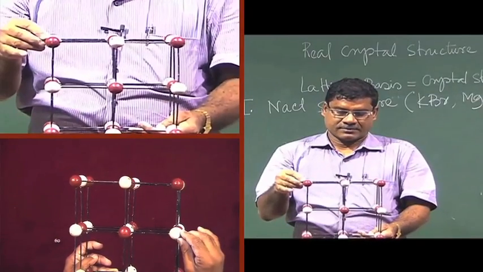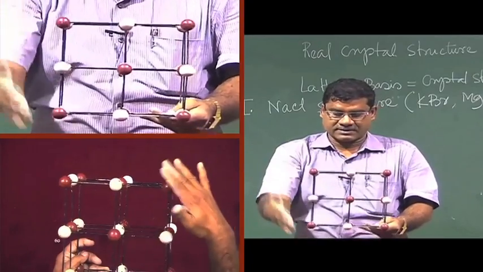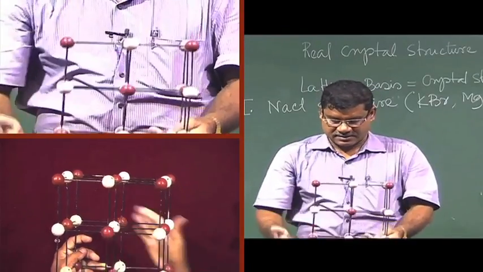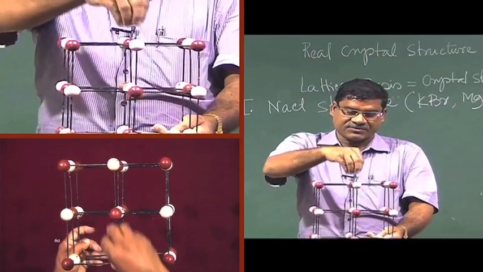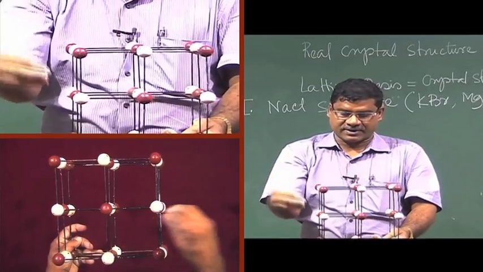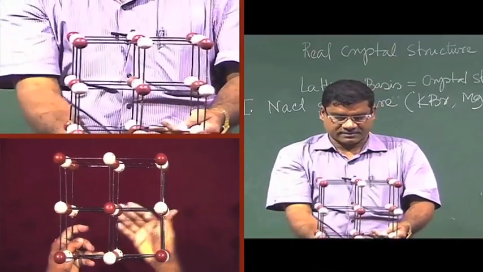And how many corners are there? 8 corners are there, right. And there are 6 faces, and in each face a lattice point will be there.